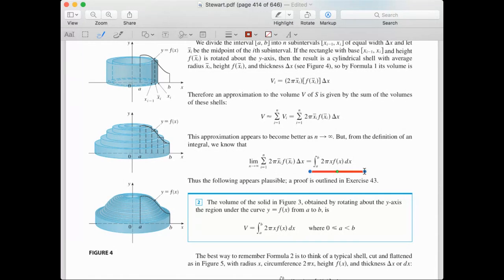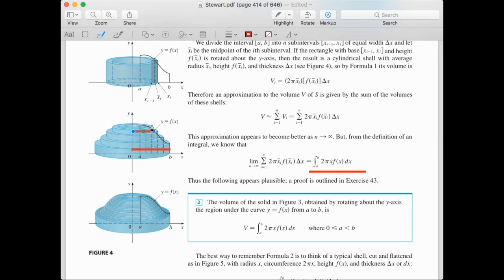So the integration is, in the end, this. We cut along the x-axis infinite many pieces from A to B. Then 2 pi x, because the radius is just the x value, right? You will see at this point, the radius is just this.